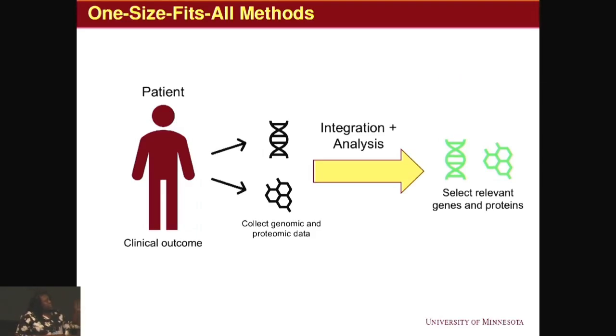So, for instance, if we have genetic or genomic data and proteomic data, we profile, we use an integration method, analyze the data, and we select relevant genes and relevant, let's say, proteins that discriminate between the disease conditions or that predict or are associated with a particular outcome. That is what I am referring to as one-size-fits-all methods. There are different approaches for carrying out this particular analysis. I'll focus on one approach in this talk.